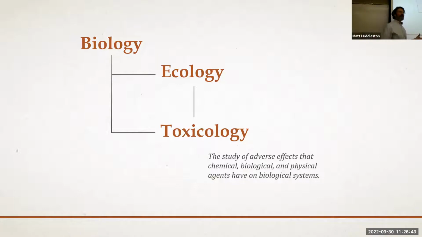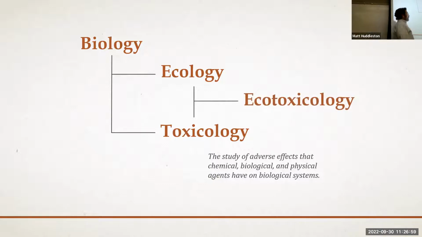Now, there are lots of different kinds of toxicologists. There are forensic toxicologists. There are human toxicologists that deal, obviously, with more medical issues. But if you choose to study toxicology more at the system, community, ecosystem level, then you get into this branch of ecotoxicology, and that's where I found my home.